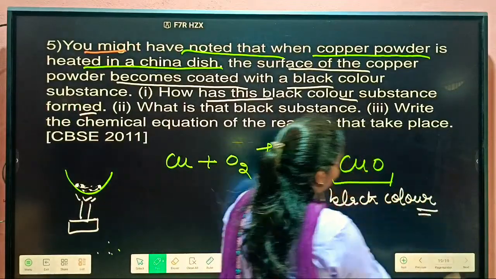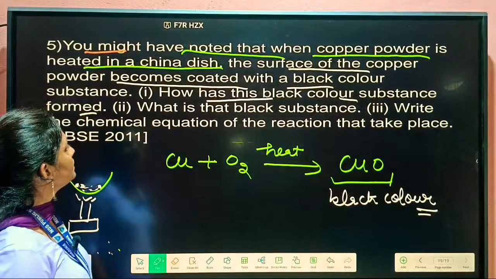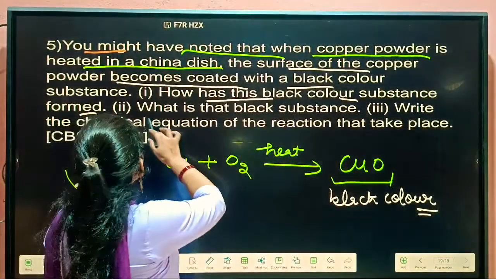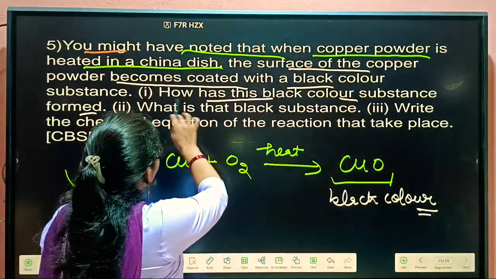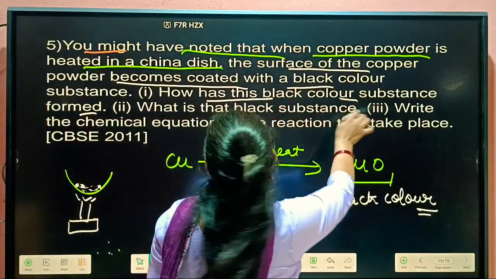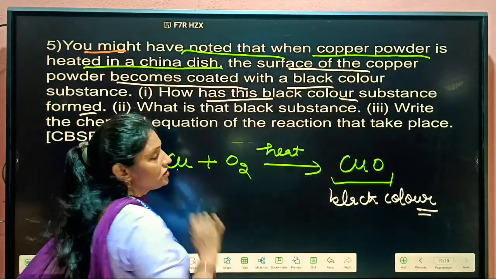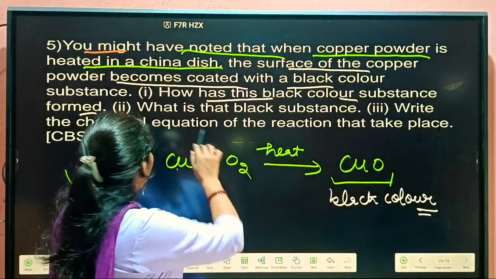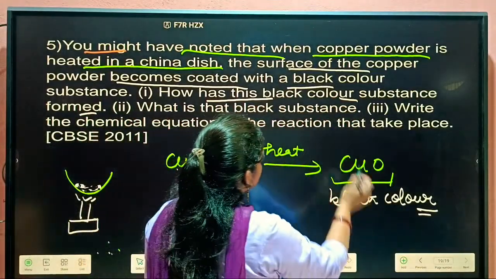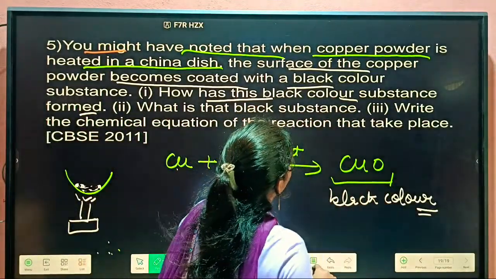So how has this black substance formed? Due to oxidation of copper. What is the black substance? Here the black substance is copper oxide.